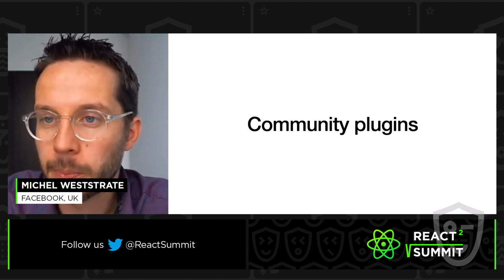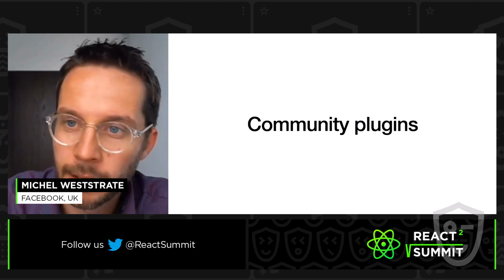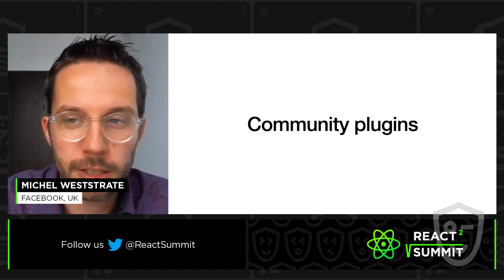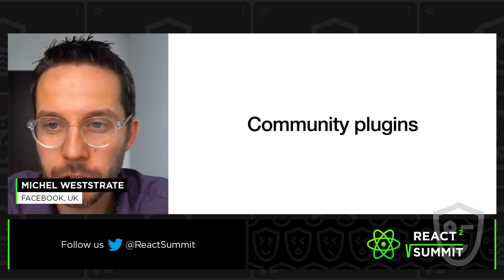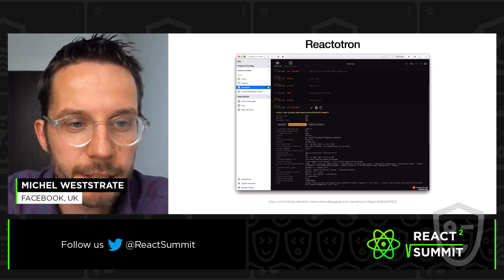So that is how you can build application-specific plugins. But since it's also possible to build generic plugins, there are quite some community plugins available. And there are two I want to highlight shortly. The first one is the React Devtools plugin.